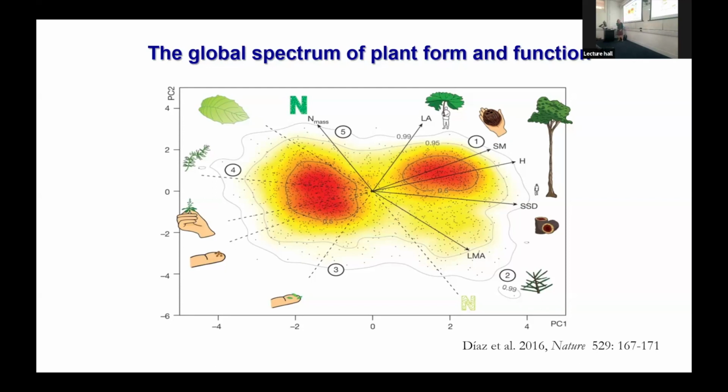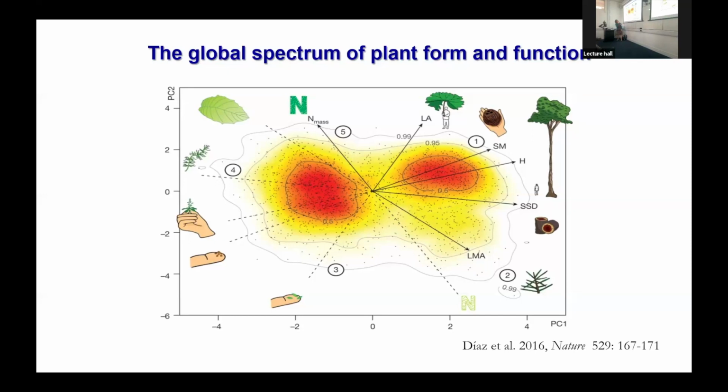Now, I don't want to dwell too much here because the paper has been out for a few years now, and at least some of you may be very familiar with it. But I do need the whole of you to be on the same page for the rest of the talk. So very briefly, this plane, the global spectrum, has two major axes of variation.